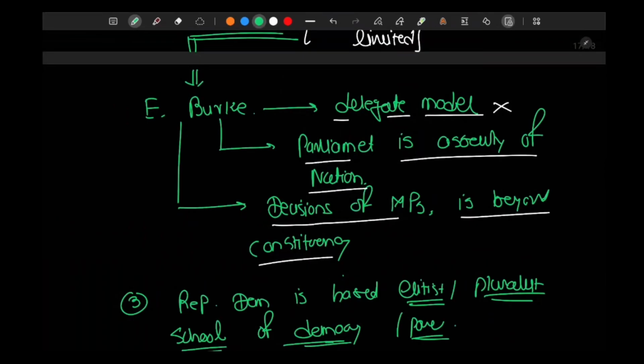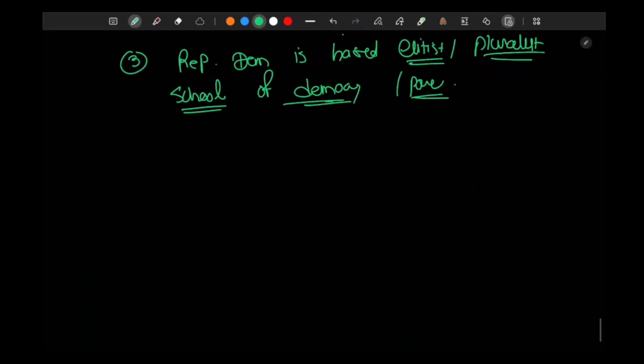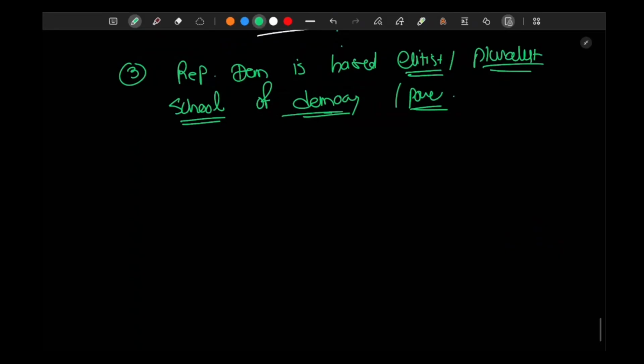For him, parliament is an assembly of the nation, and decisions of MPs are beyond constituencies. And we can also say that representative democracy is based on the elitist or pluralist school of democracy and power. What is the elitist and pluralist school of democracy and power? We will see.